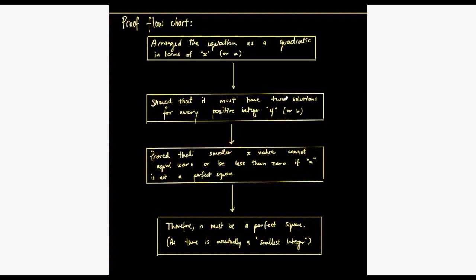We showed that it must have 2 solutions for every positive integer y, or b. Then we proved that the smaller x value cannot equal 0 or be less than 0 if n is not a perfect square. Therefore, we could say n must be a perfect square, as there is eventually a smallest integer. Okay, so that is the general flow of that proof, the logical steps I took.